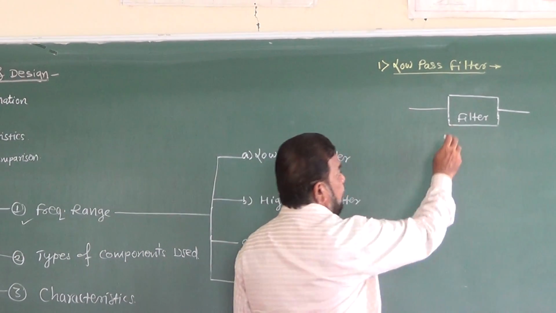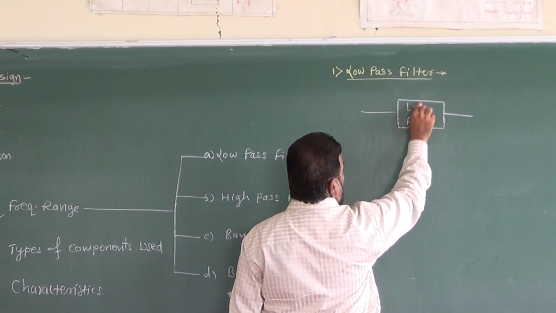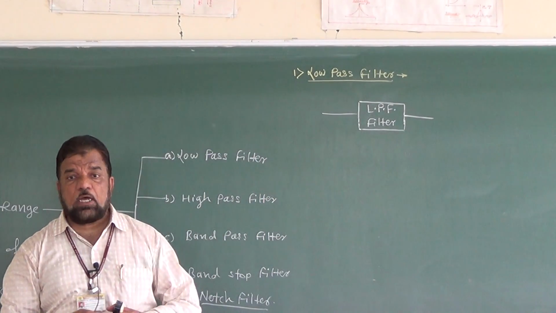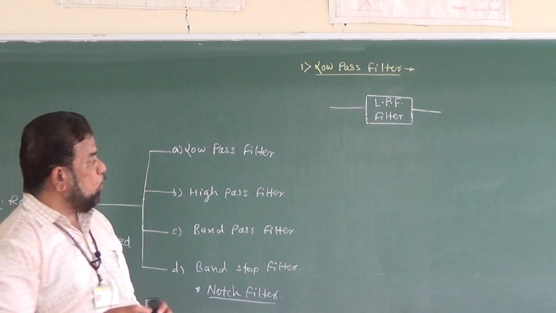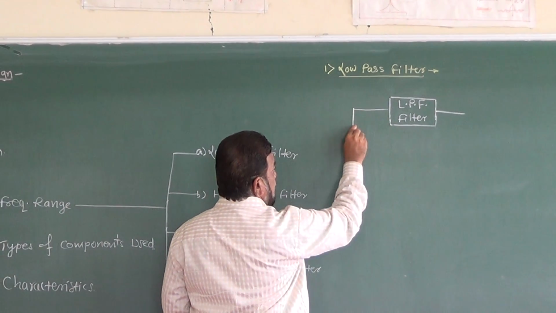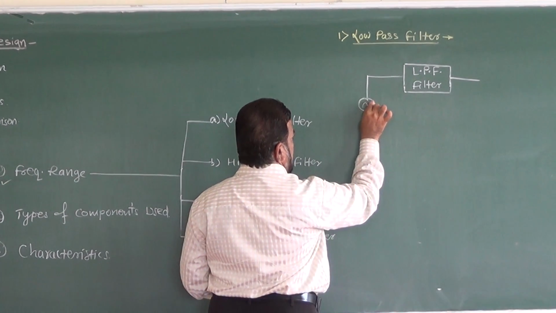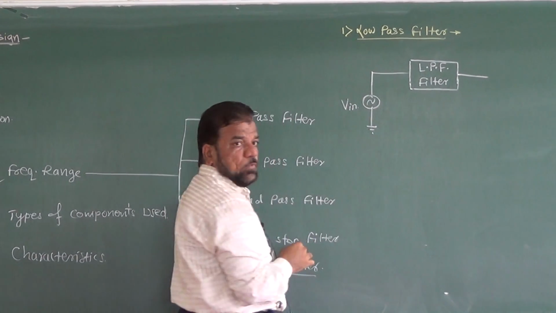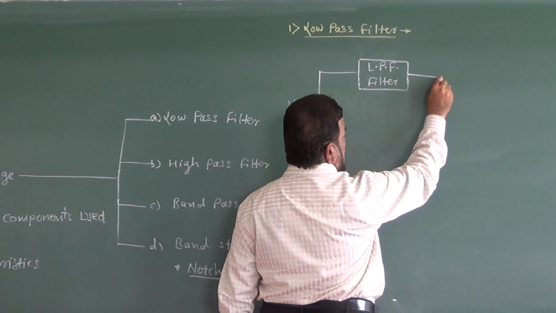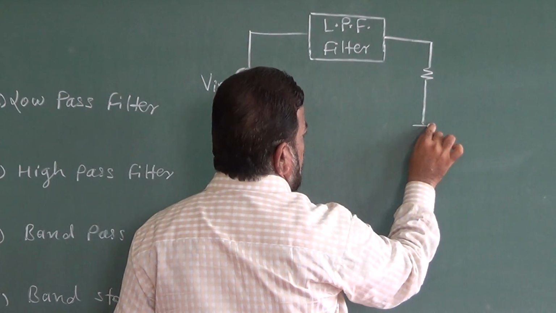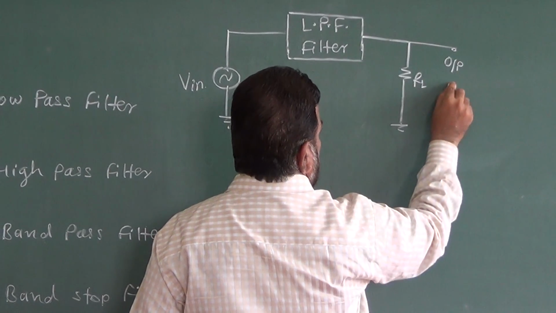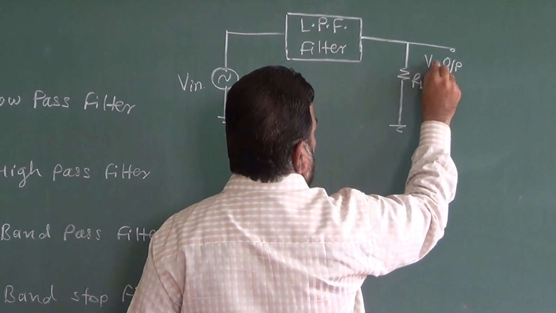And if I am defining this block as a low pass filter, then a specific range at the output I am expecting. Now if you have an input signal connected here, and across a load I am taking the output, so this V0 is the output.